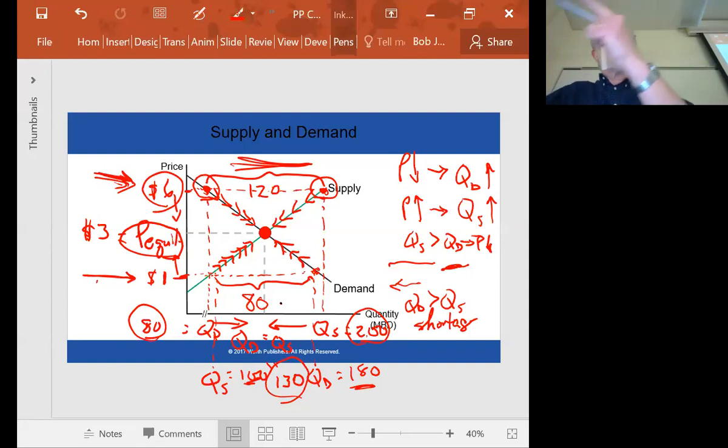We identified a number of shift factors for supply. You need to know those, you need to understand those, and be able to, if one of those things happens, use the model to figure out which curve is going to shift, what will happen to the price, and what will happen to the quantity. Okay? And so now we're going to go through some examples. But before we do that, any questions on this basic idea?